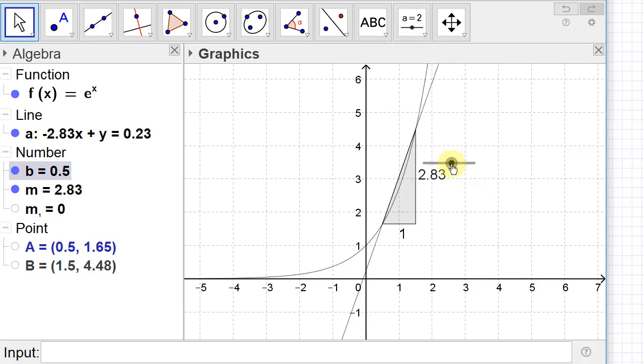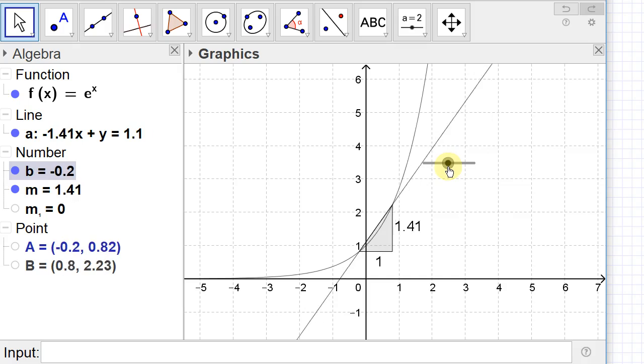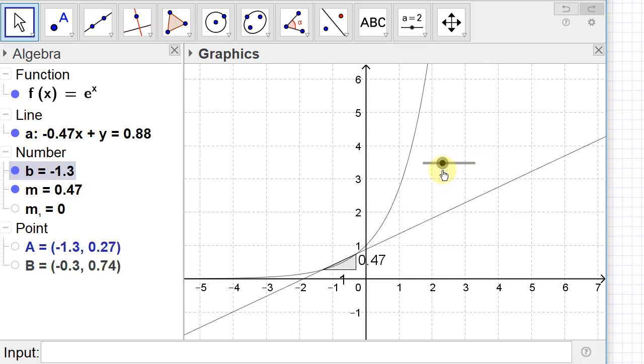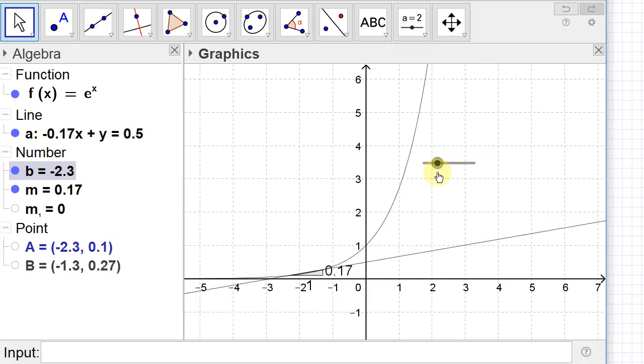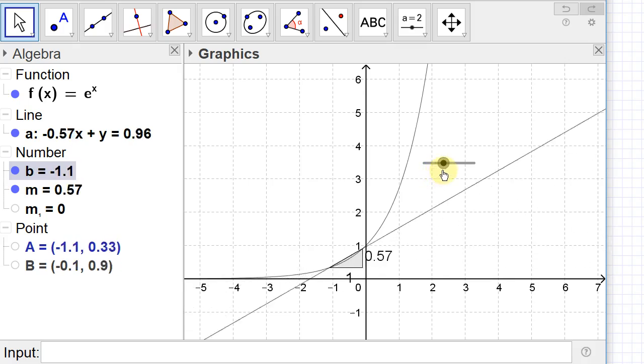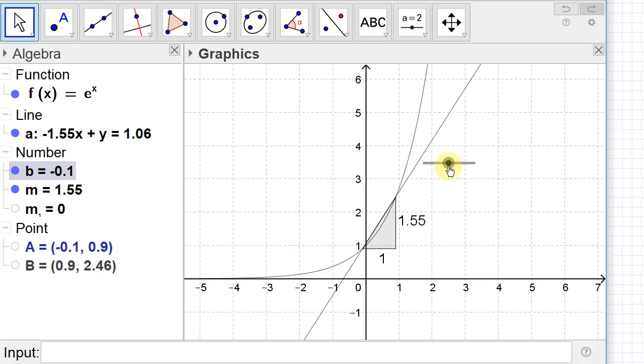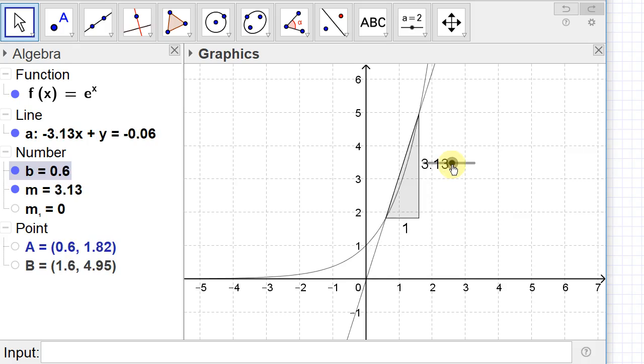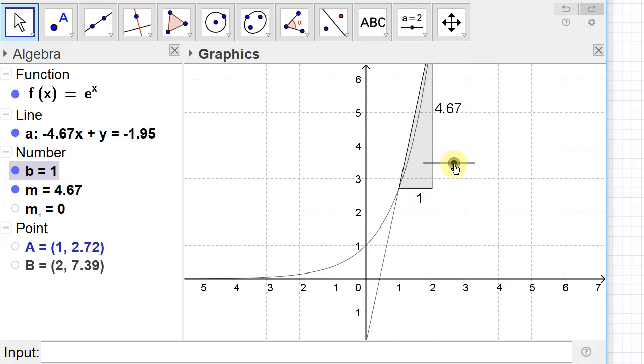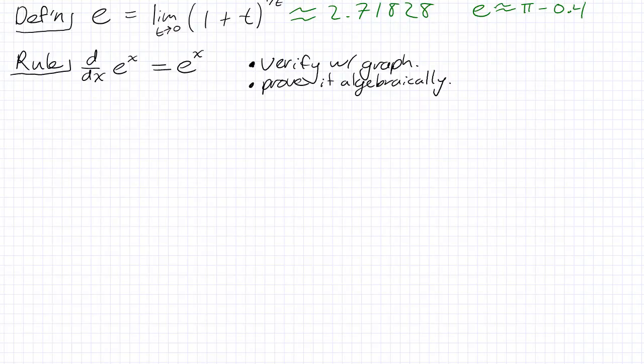And you can see that happening at all of these points. The slope is that number on the right, and it's approximately equal to the y coordinates of the points at which you're measuring it. So in other words, the derivative of this function is approximately equal to the function itself. So that looks like it could be right from the graph, but we're never really sure.